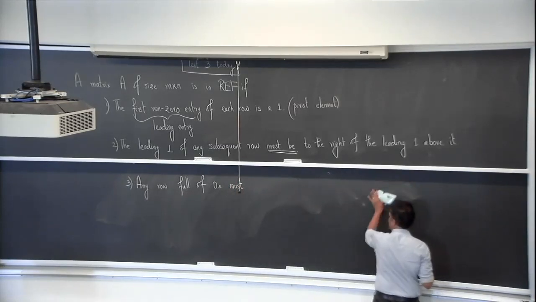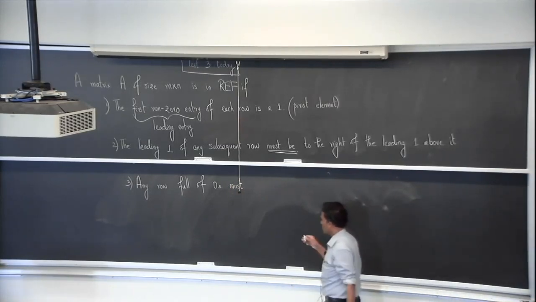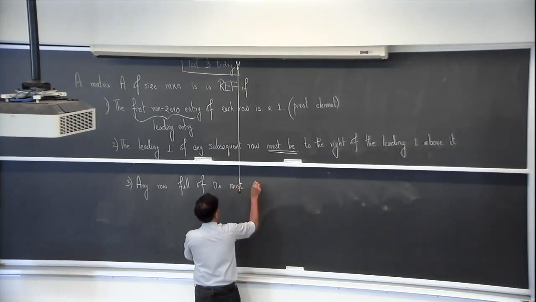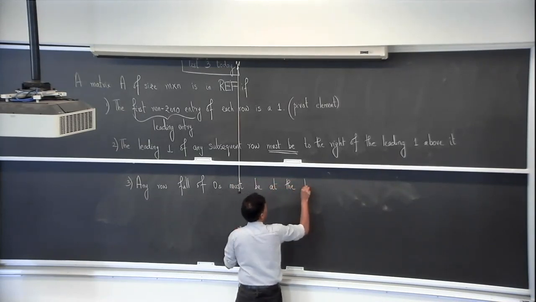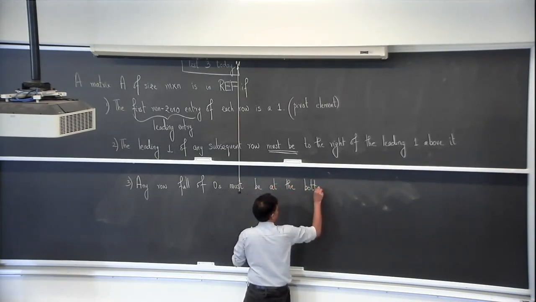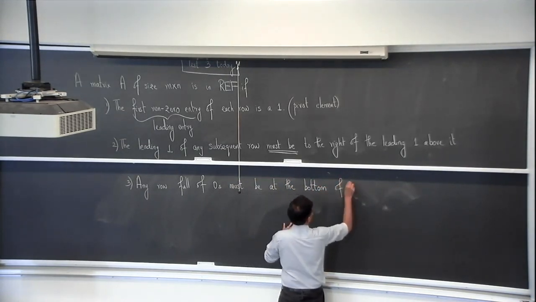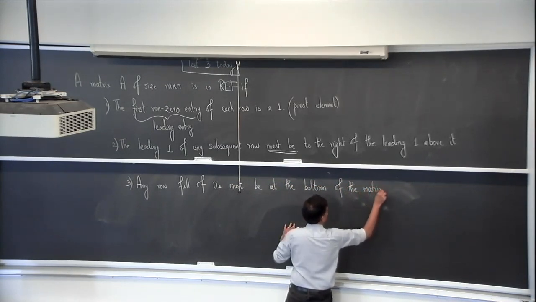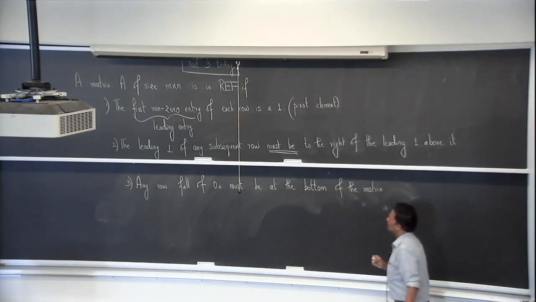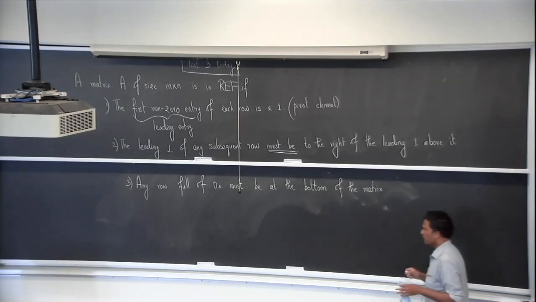Again, it's not necessary that the matrix must have a row full of zeros, but any row full of zeros must be at the bottom of the matrix, or it must be the last row or rows. So that is when a matrix is defined to be in ordinary row echelon form.